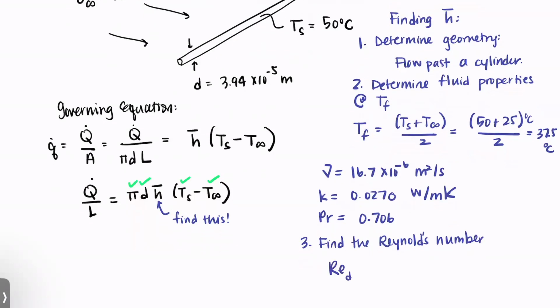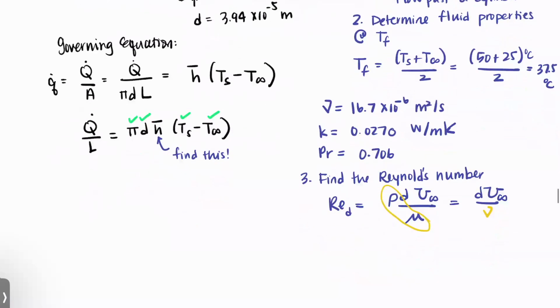So we're going to find our Reynolds number based on the diameter D because it's a cylinder. So we have rho times D, U infinity over mu. This is just 1 over nu. So I can rewrite this as D U infinity over nu.